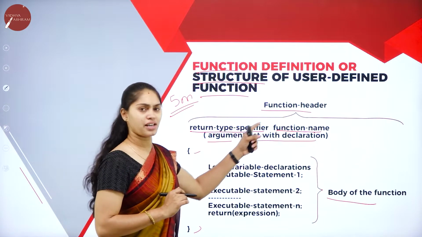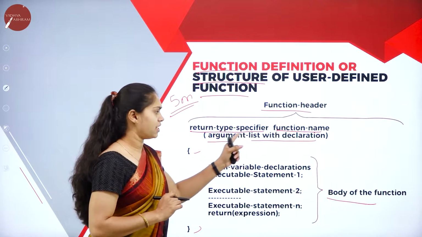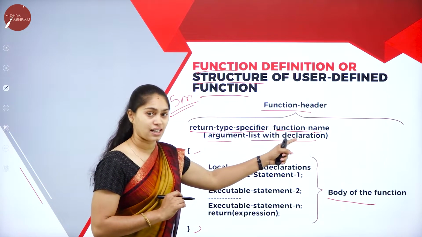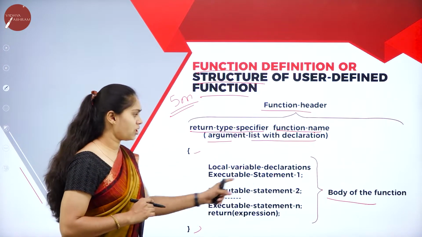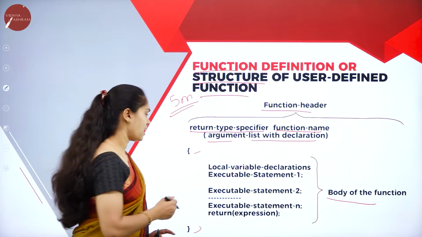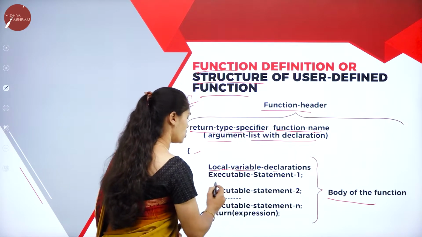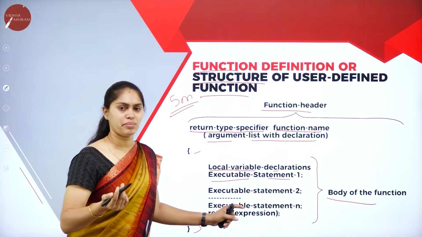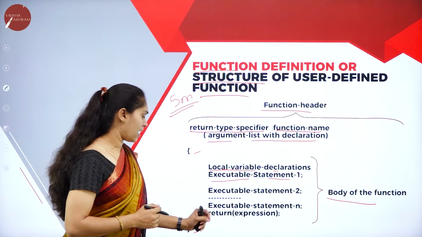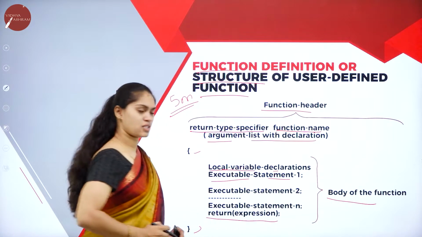Return type specifier, function name, and the list of arguments with declaration are related to the function header. The body of a function comprises local variable declarations and executable statements 1, 2, 3 up to n statements. At last we have a return of expression.